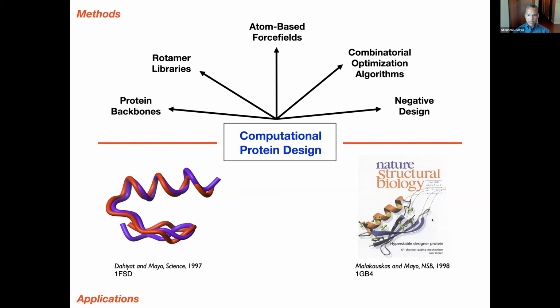The protein that we used as a template had its structure determined by Angela Gronenberg, who we're going to hear from later. We also solved the structure of the variants using NMR, and that PDB code is 1GB4.